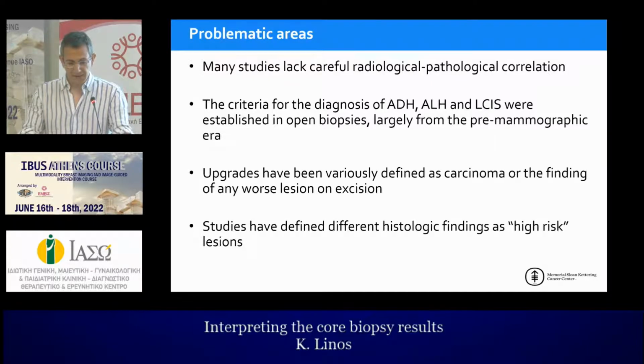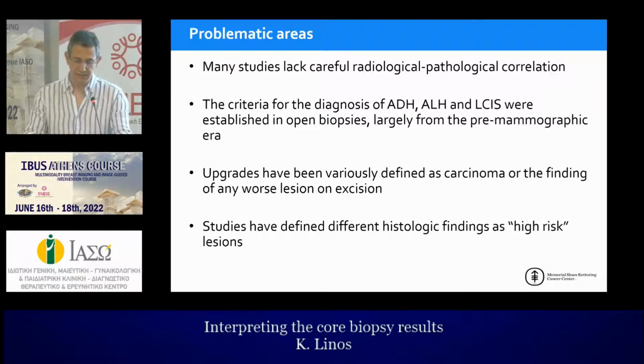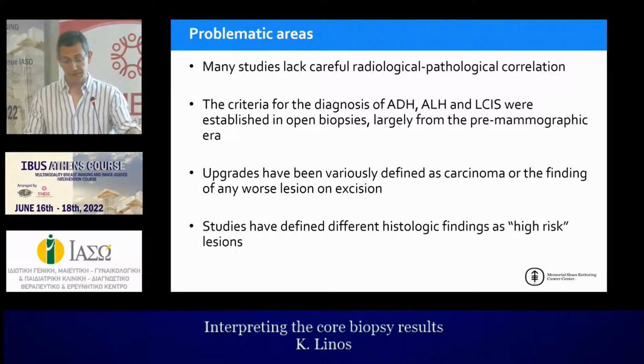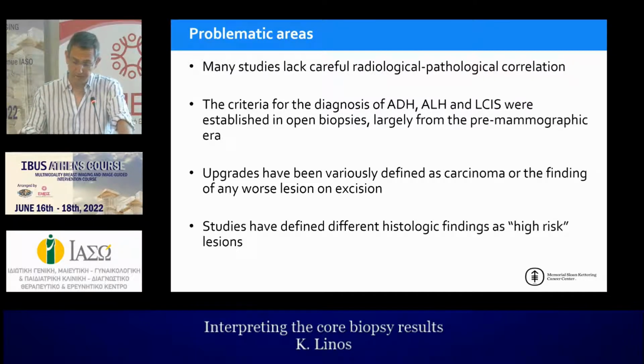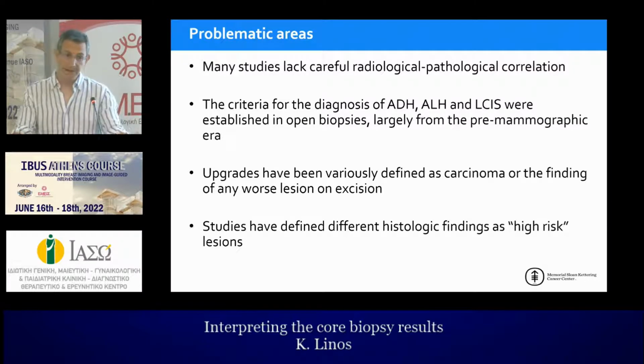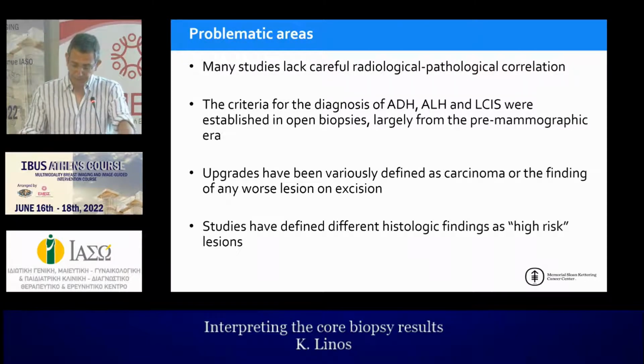Now, the criteria for the diagnosis of atypical ductal hyperplasia, atypical lobular hyperplasia, and LCIS were actually established in open biopsies, in the pre-mammographic era, and that is a problem when you apply these criteria in core needle biopsy, which represents a much smaller sample, obviously, than the area identified in the mammographic studies.